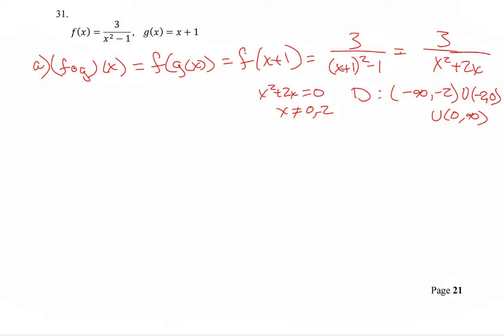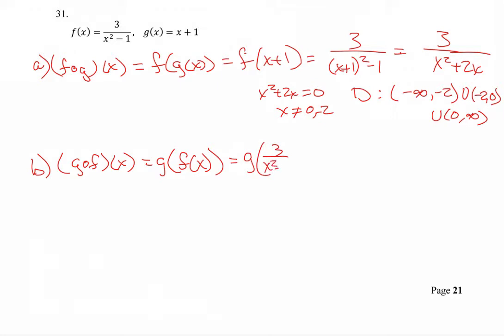All right? And for part B, I have g of f of x, which is g of 3 over x squared minus 1, which is 3 over x squared minus 1 plus 1, which simplifies to x squared plus 2 over x minus 1, x plus 1.